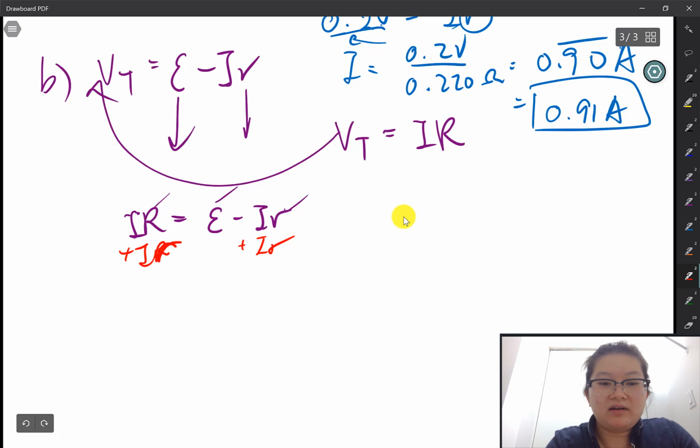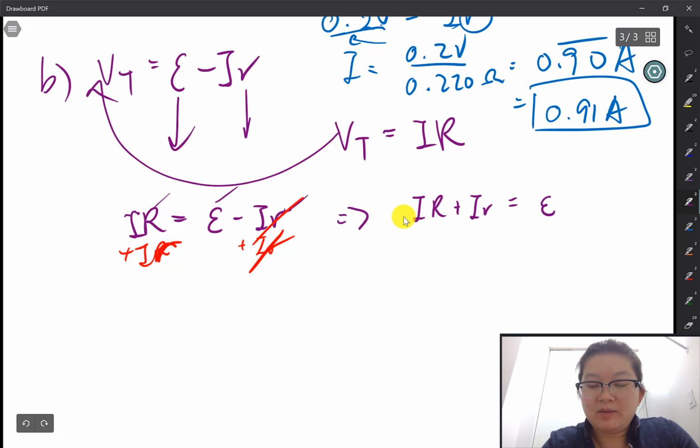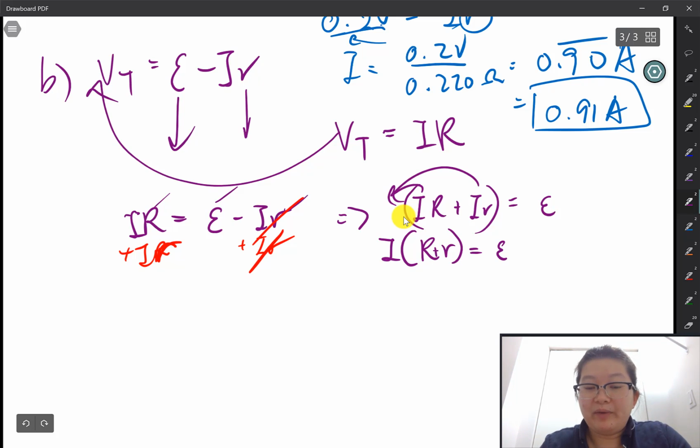This gives me IR plus I small r equals epsilon, and we can factor out the I, giving me I times big R plus small r equals the EMF of the battery.